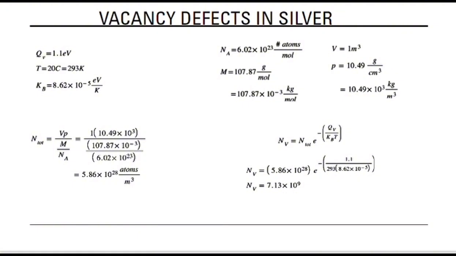T is temperature, obviously. Here it is 20 Celsius, or converted to Kelvin, 293. The Boltzmann constant, the fundamental constant, here is 8.62 times 10 to the negative 5 eV per K. And Avogadro's number, Na, will always be 6.02 times 10 to the 23rd atoms per mole.